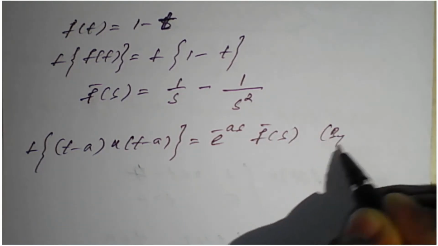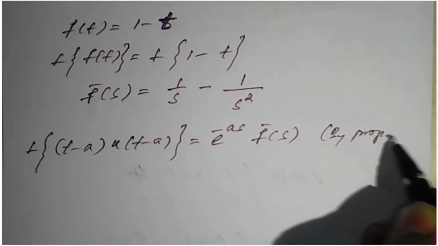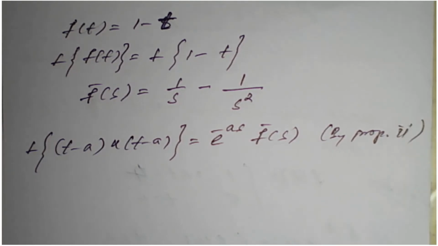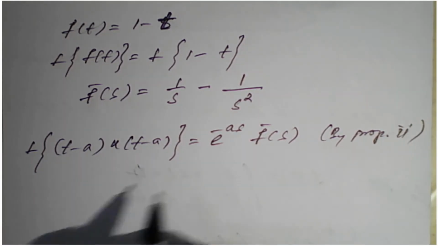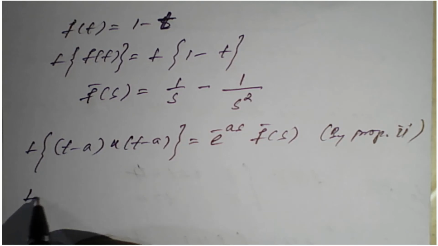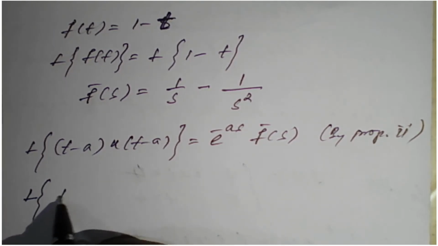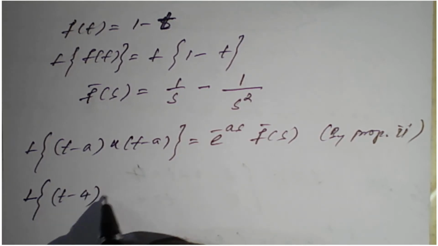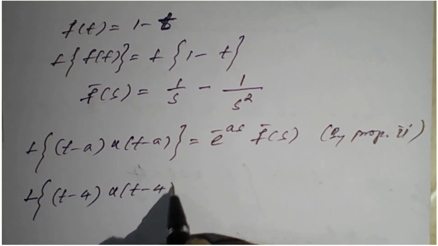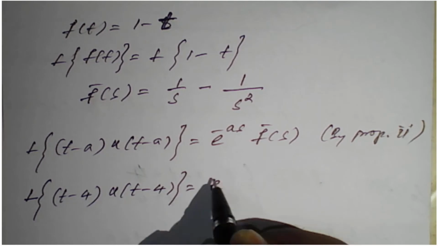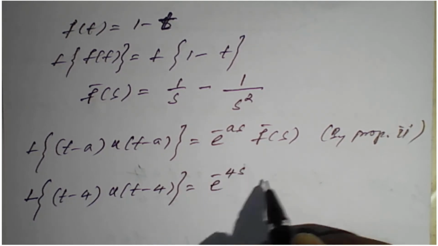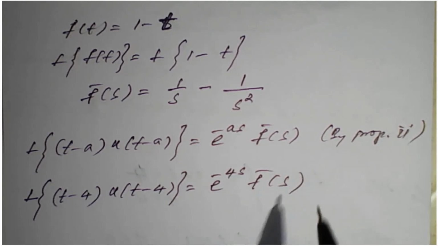This is by property 2. So therefore Laplace transform with the value 4, so t minus 4 into u of t minus 4 is equal to e raised to minus 4s into f dash of s.